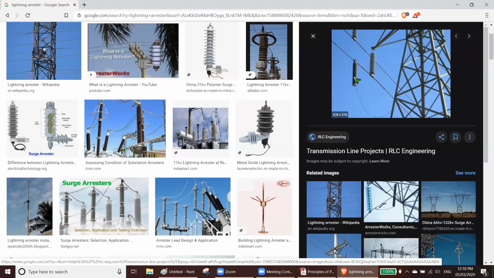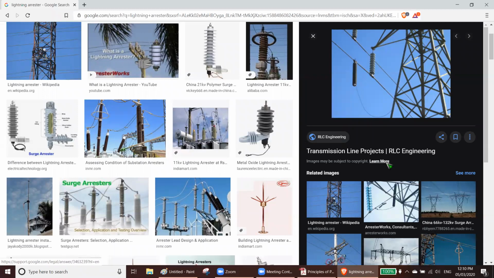So what happens? Normally the resistance is infinite when the voltage is low. When there is lightning, that means the voltage is a million volts. That time the resistivity becomes zero, and all the voltage can discharge through the tower.